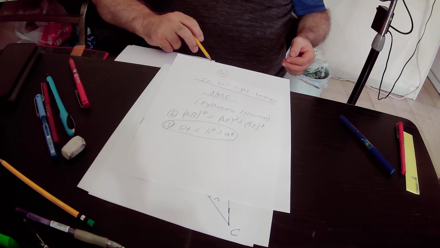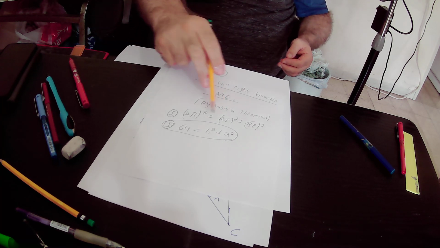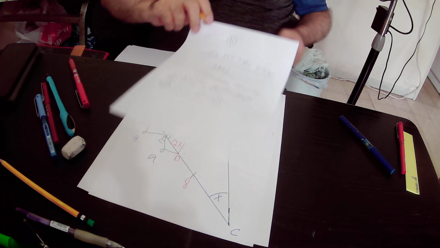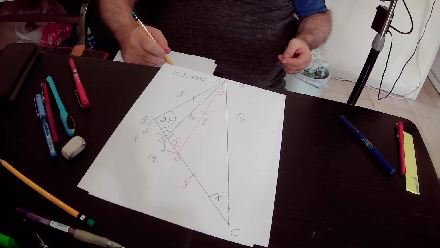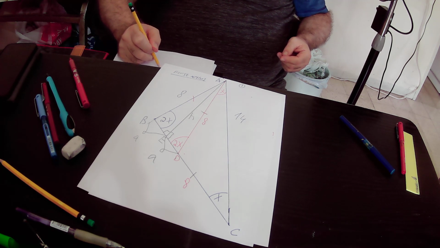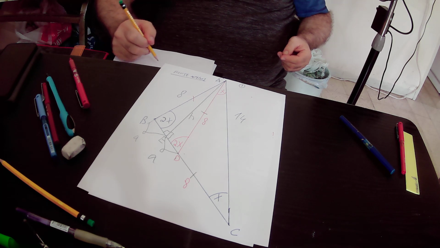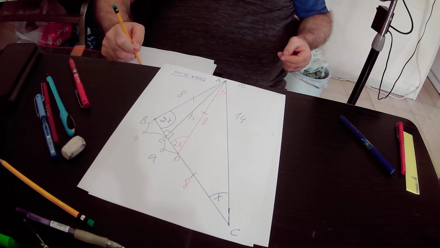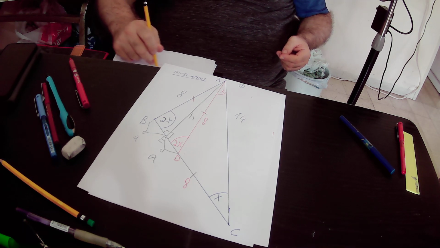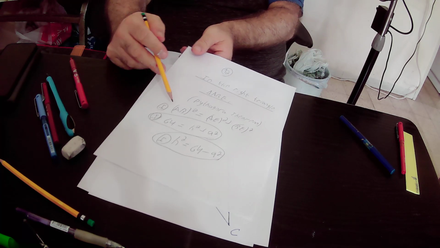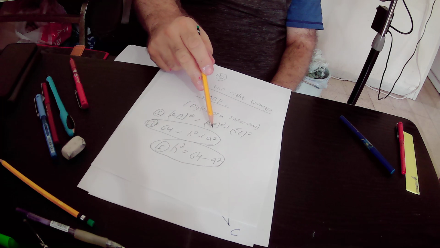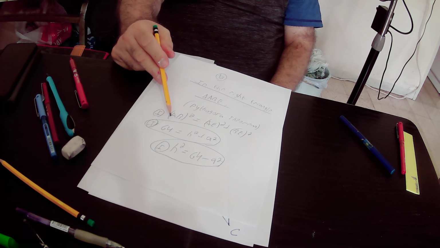Here we will subtract A square from this equation, equation number 1, and we will get that H square equals 64 minus A square. So we subtracted A square from this equation, equation number 1.